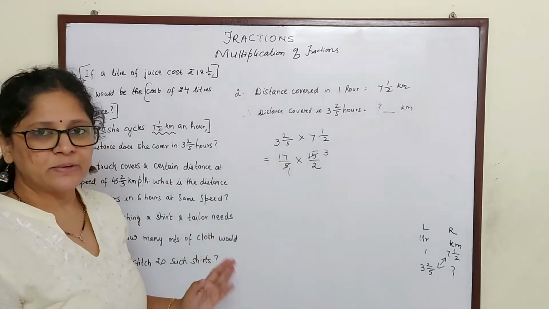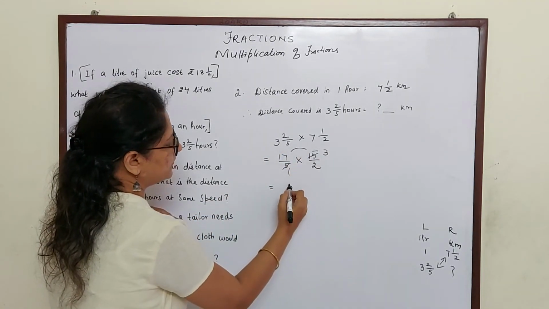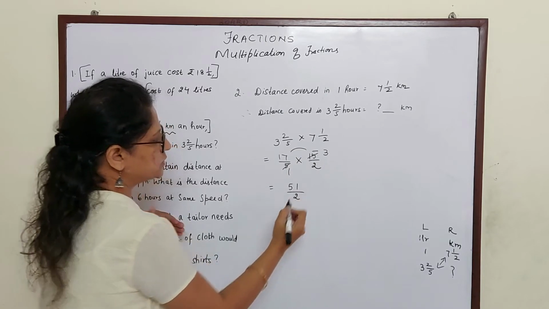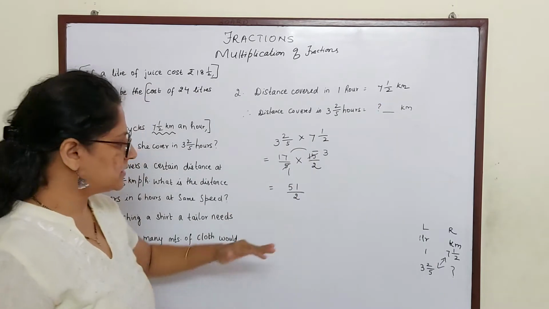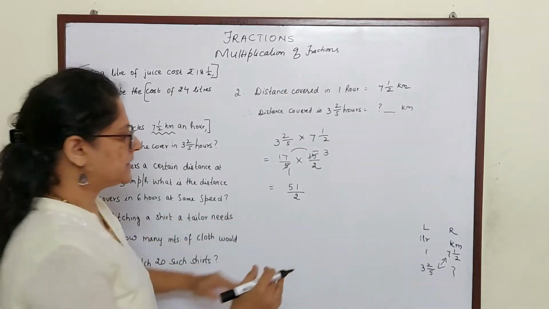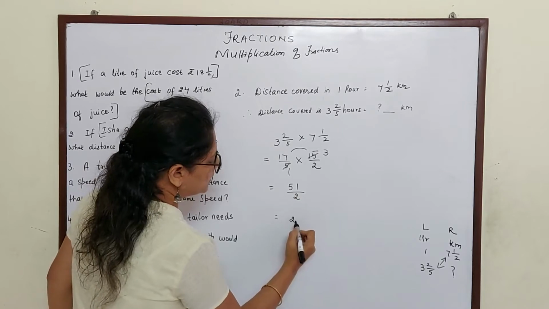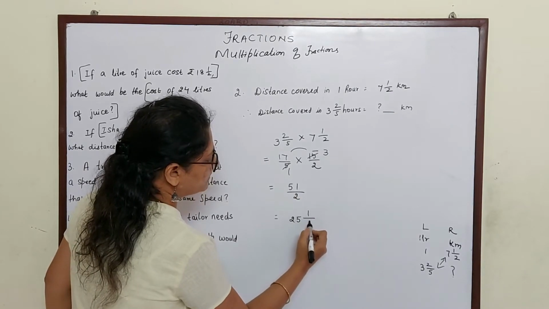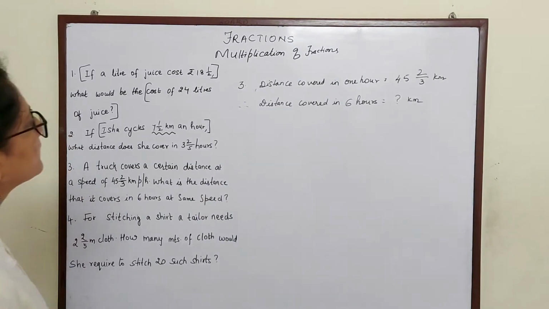These are all prime numbers, cannot be further divided. 17 3s are 51, 51 by 2. Now, because the question is in mixed fraction, we will convert this to a mixed fraction. When you divide 51 by 2, you will get 25 1 by 2 kilometer. Hope you understood this sum, children.